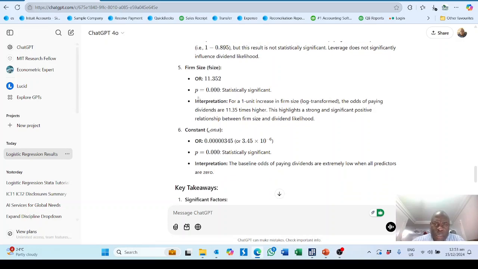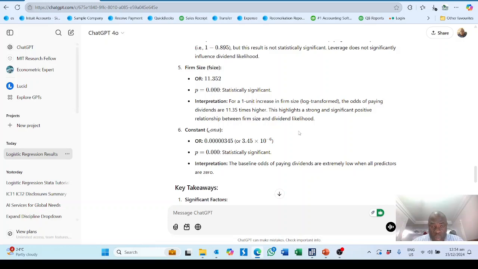For firm size, with an odds ratio of 11.352 and a p-value of 0.000, which means it's highly significant. Interpretation is that for a 1 unit increase in firm size, that's log transformed, the odds of paying dividends are 11.35 times higher.